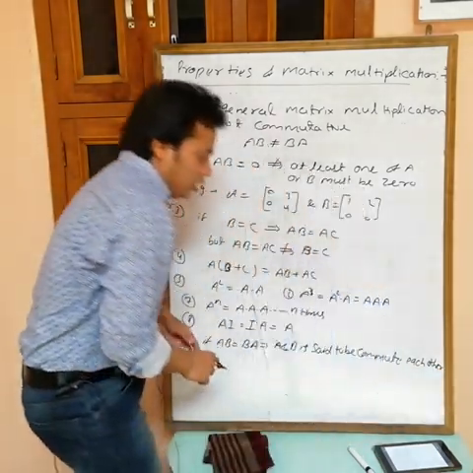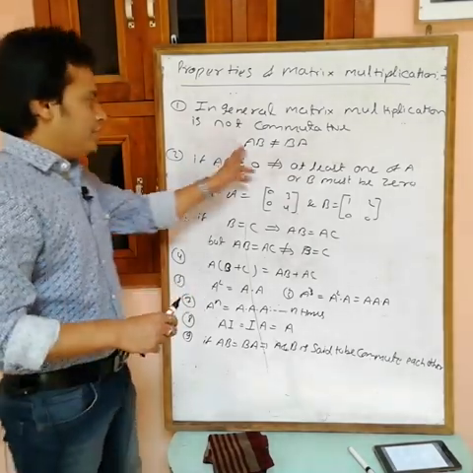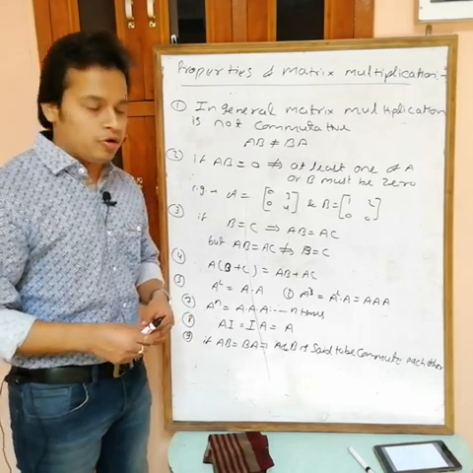A and B are not equal in general, but if AB equals BA, then A and B are said to commute.